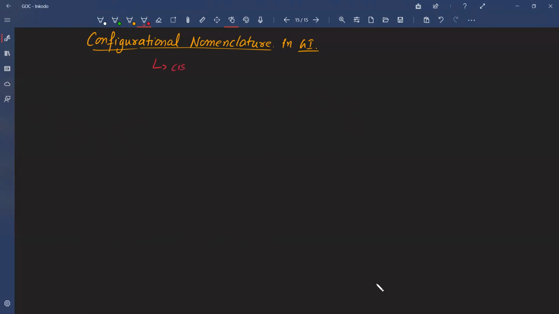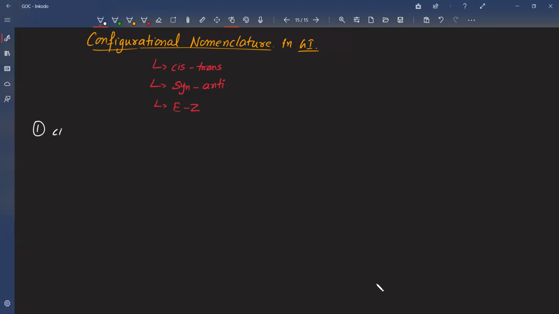That is cis and trans, syn and anti, and E and Z. So one configuration will be called cis, another trans. One will be called syn, another anti. One will be called E, and the second one will be called Z. We will see all of them one by one.